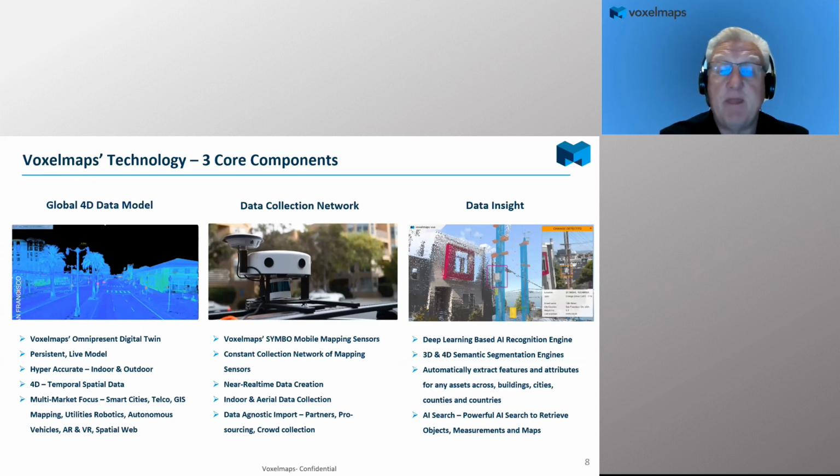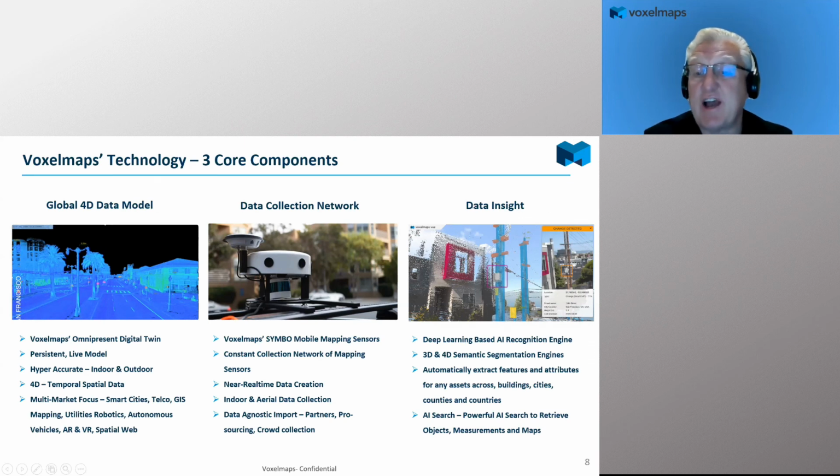And then the data is agnostic to us. We do mobile data collection, but we have partners that do manned aerial as well as UAVs. So it really doesn't matter where the data comes from. It can be incorporated into the environment.